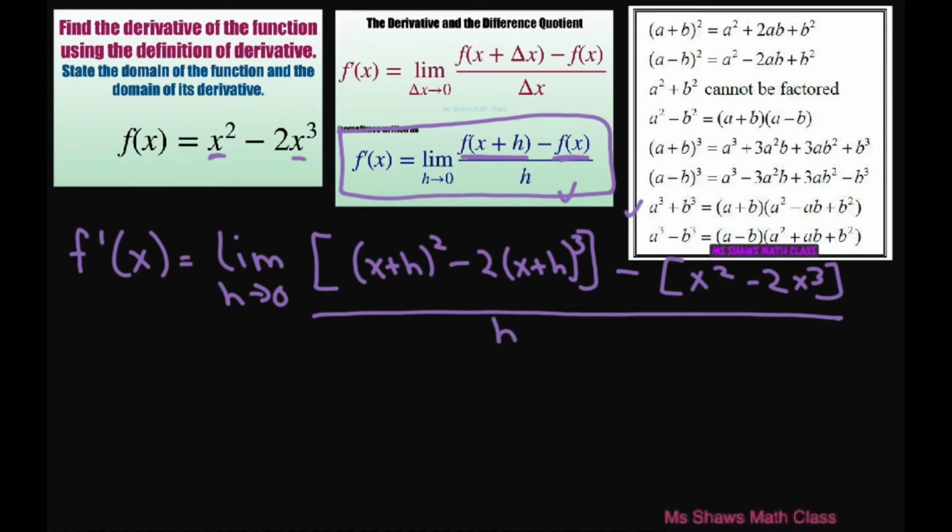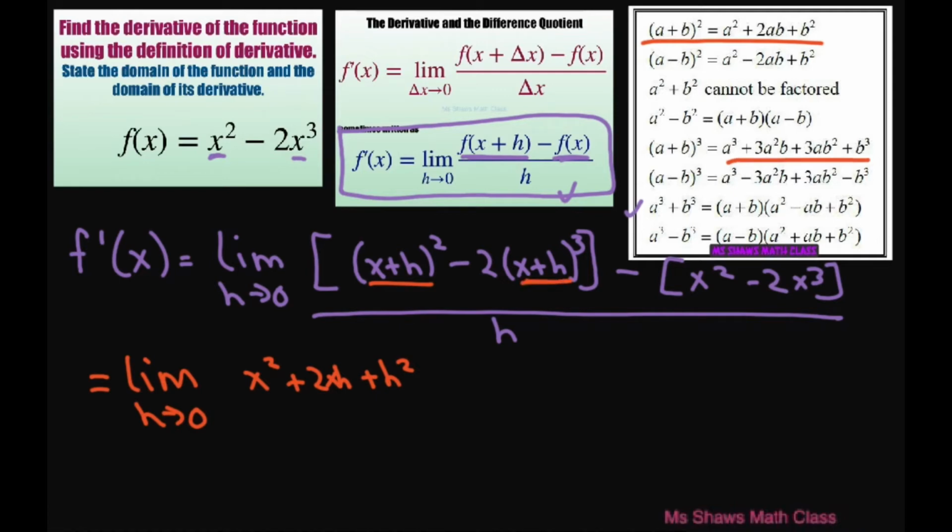Now I put our little factoring things here. So the first one we're going to do is this one. This is going to be the limit as h approaches 0. When you expand this trinomial, this is going to be x squared plus 2xh plus h squared. Now this one is here.